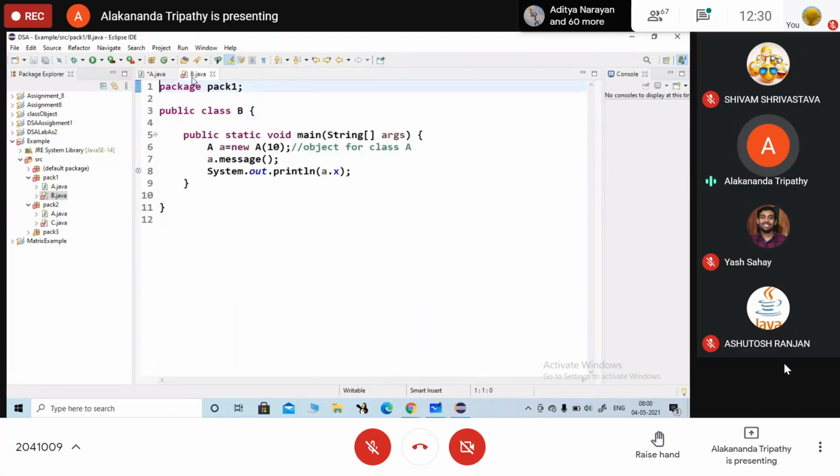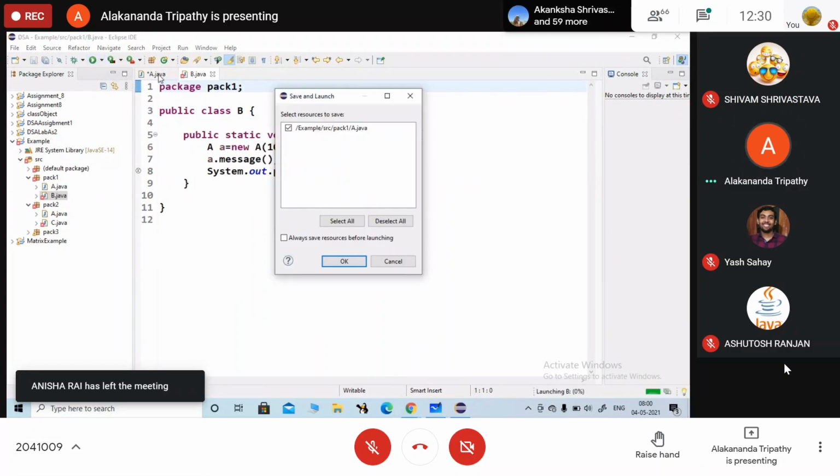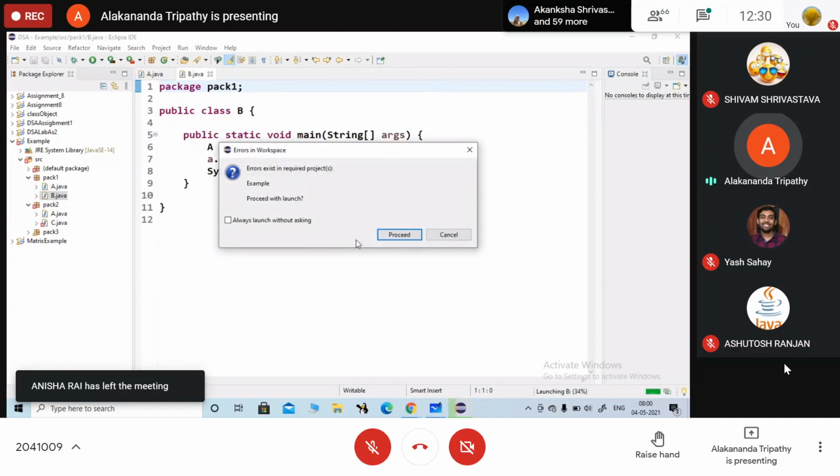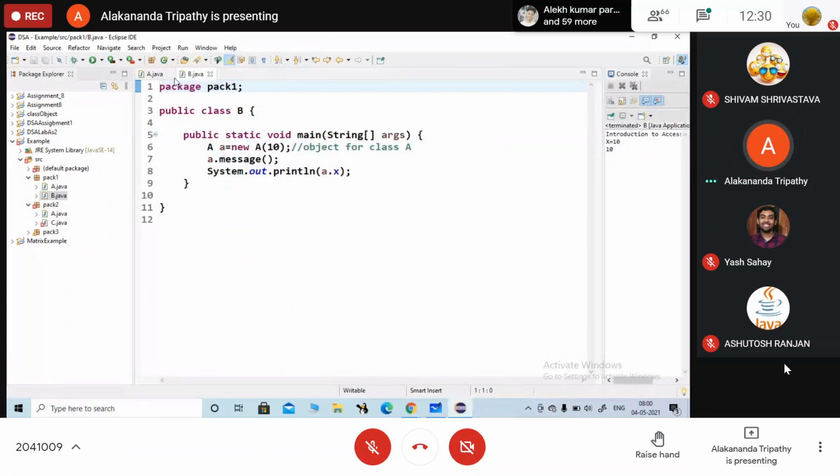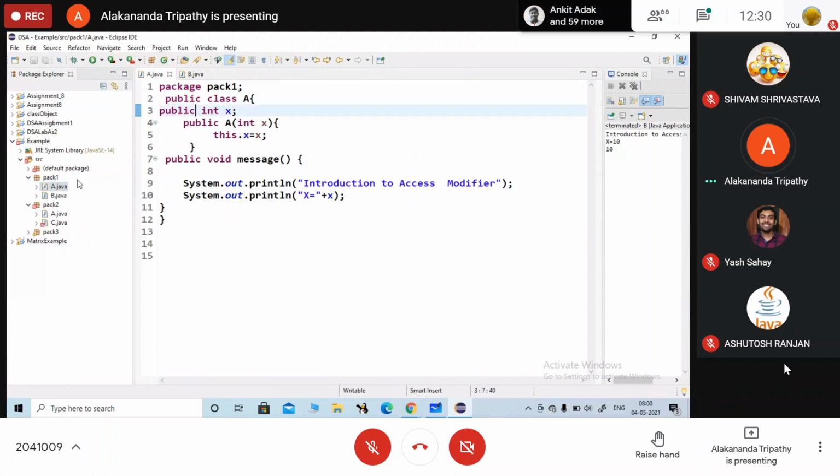We have defined how many classes here in package 1? Two classes are there. I will create another class. और नहीं, इसी में मैं changes कर रही हूँ. Just have a look here. Or otherwise you will get confused.